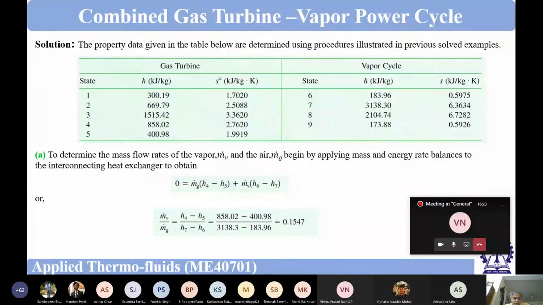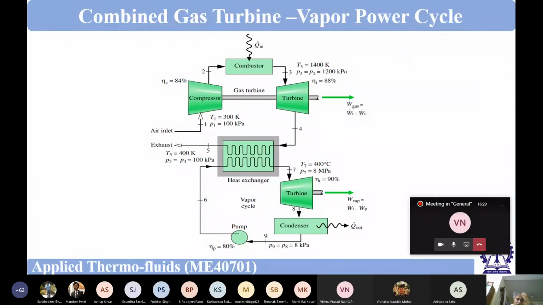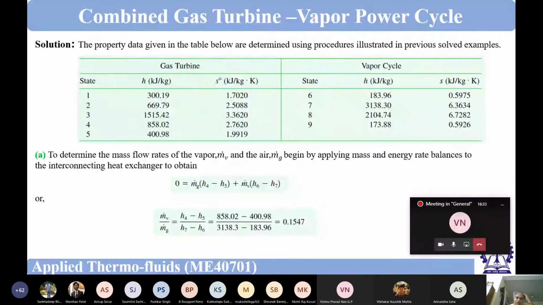So we have got one unique component, that is your HRSG. So first what we are doing is the heat balance of the HRSG. Mass flow rate of gas times enthalpy difference is equal to mass flow rate of vapor times enthalpy difference. So here we get the mass flow rate of vapor divided by the mass flow rate of gas.